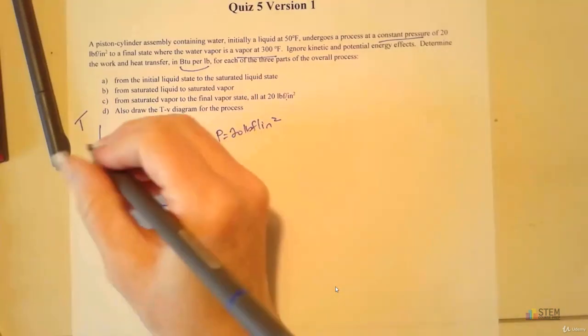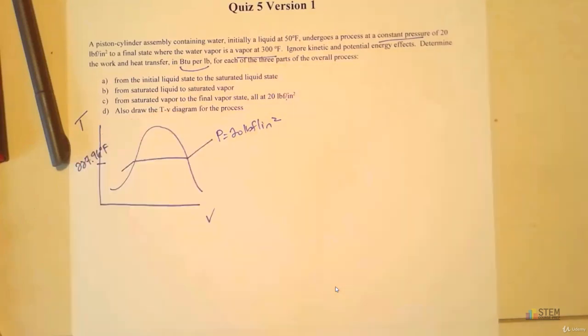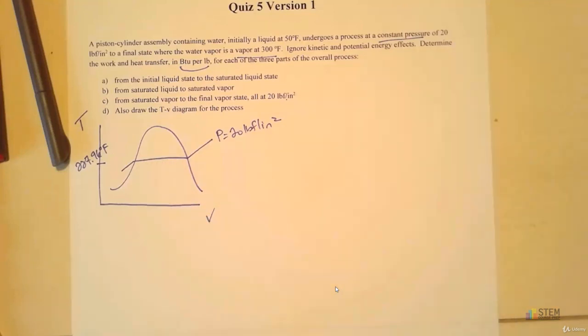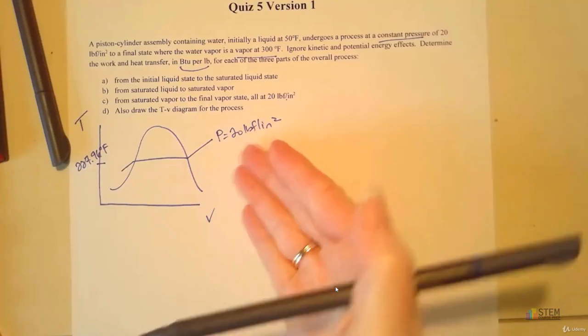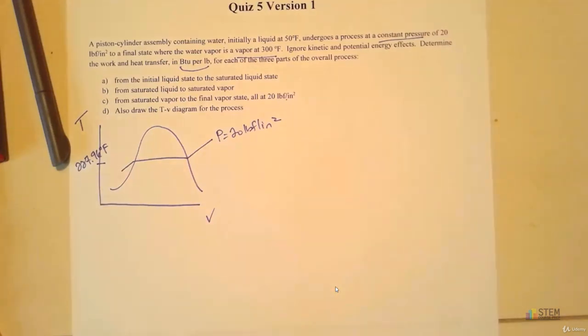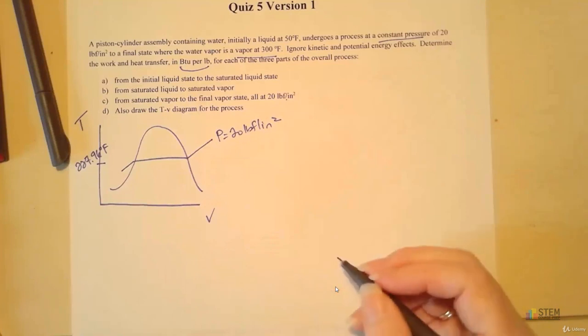If you do that, you're going to get 227.96 degrees Fahrenheit. So that's the temperature right here, if you are at 20 psi. So essentially, if you're at 20 psi, this is going to be your boiling temperature. Now, let's get started on solving the problem, and then we'll update this as we go through.